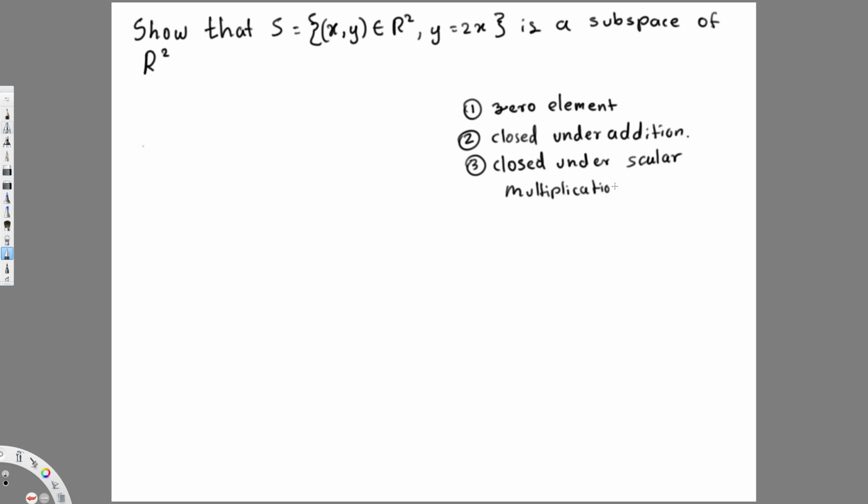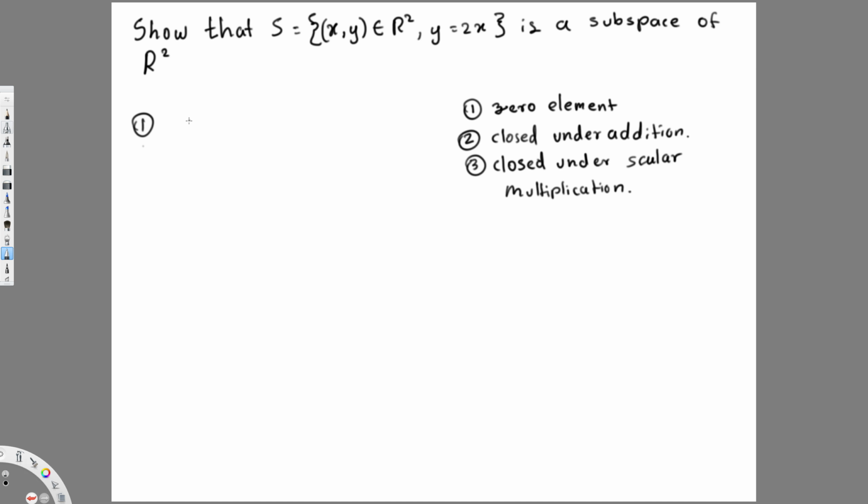So these are the three things we have to look at before we determine whether it is a subspace of R2 or not. First, check whether it has a zero element. In order to find that, I simply substitute 0 for x and y and see whether I get (0, 0).